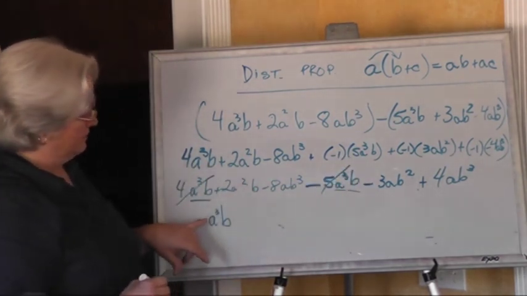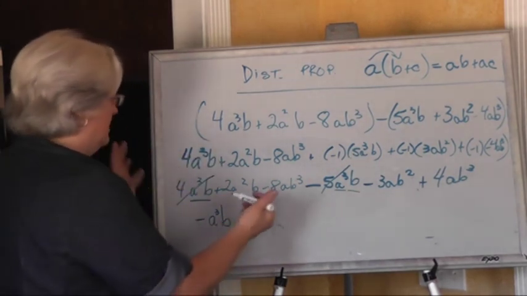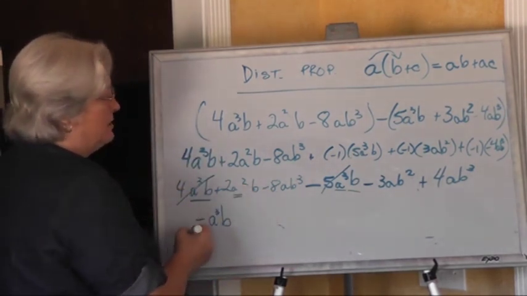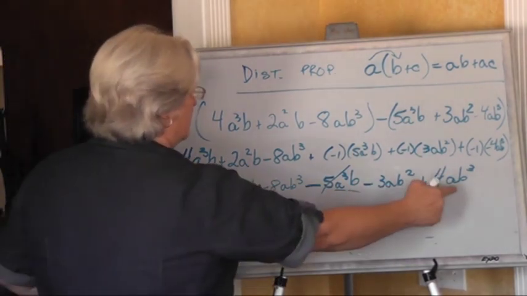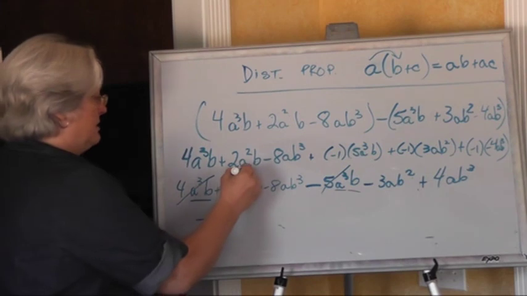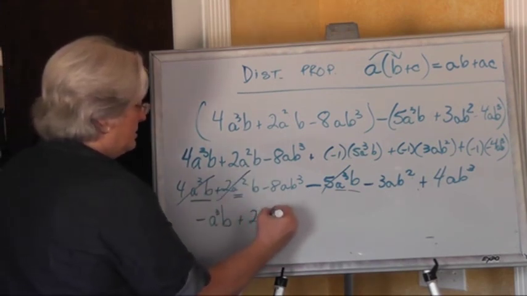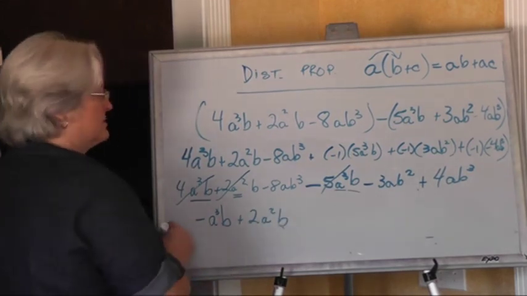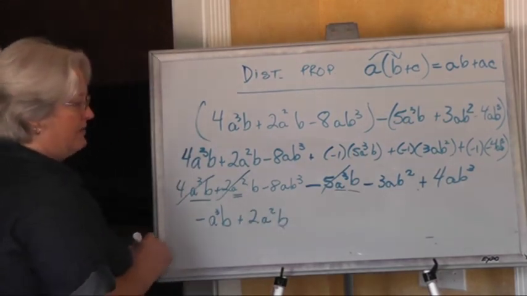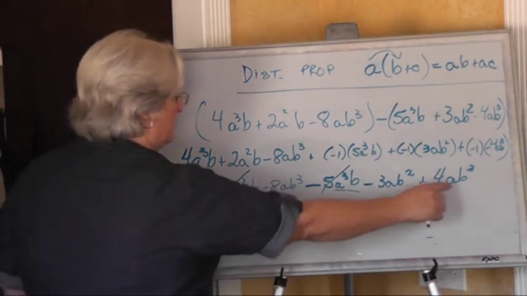Now let's walk down from the a cubed to a squared to a. Okay, I've got a single a squared b. Nothing to combine with, so that's plus 2a squared b. Now let's look and see if I have an a by itself. Nope.